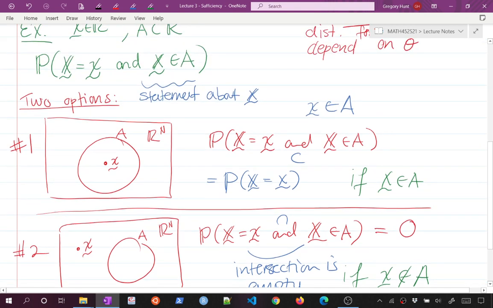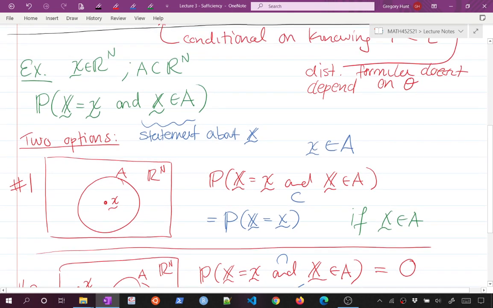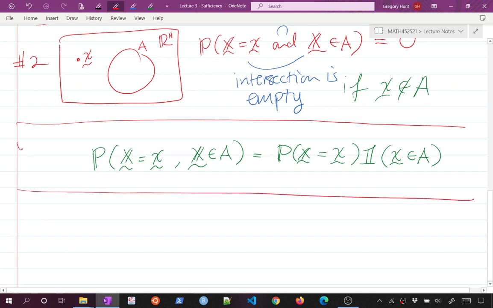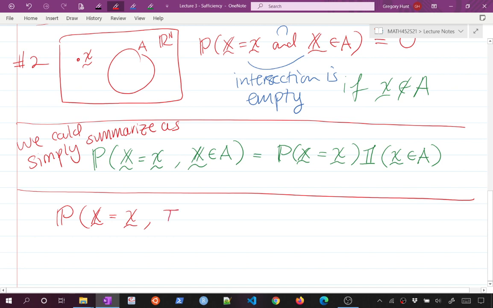Okay. Let's take this one more logical step. So this seems weird. Let's bring it back to statistics. So we could simply summarize as this. What we will be writing is the probability X is equal to little x and maybe T of X is equal to some value little t.